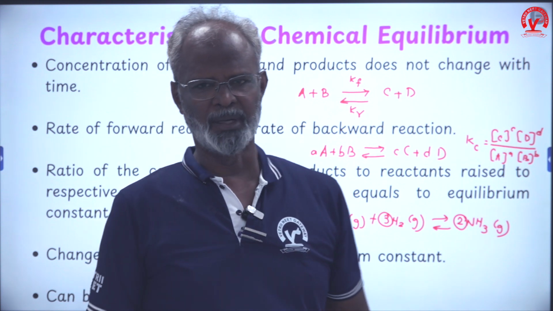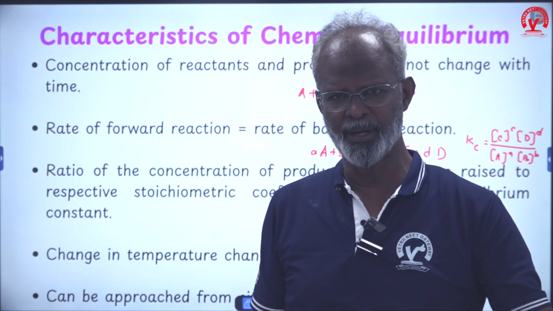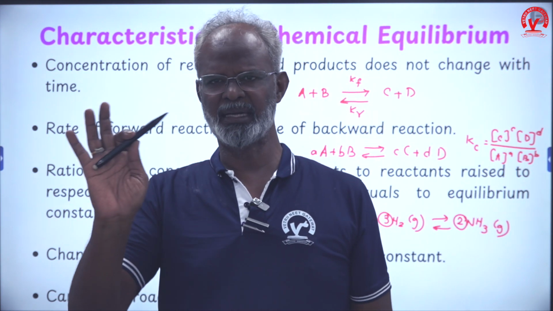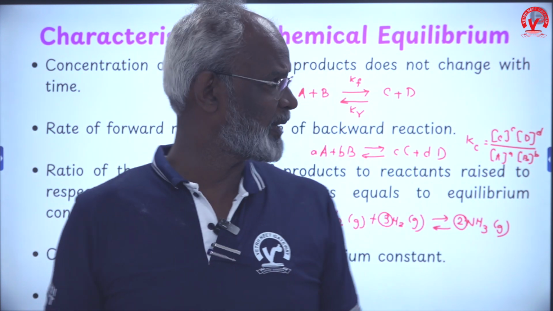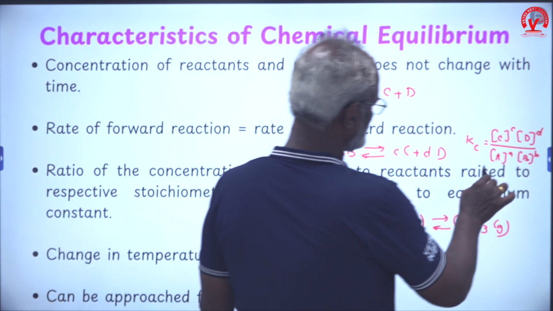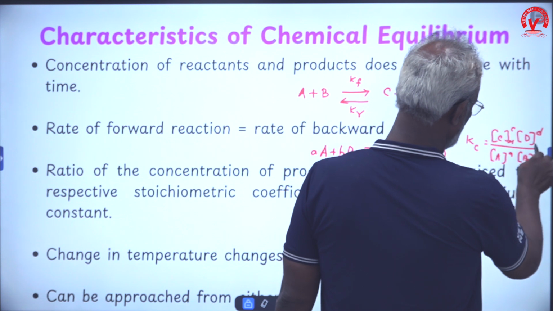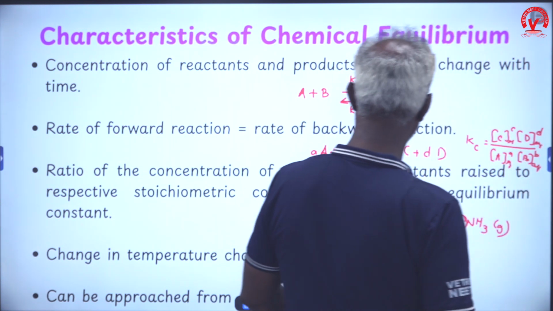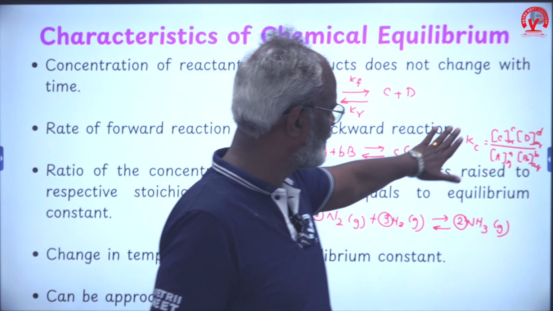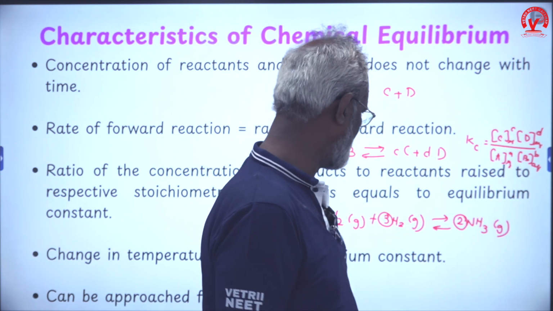That is, when the system attains equilibrium and the concentrations become constant and don't change, that is called equilibrium concentration. We have to substitute that in this equation to get the equilibrium constant. This is based on concentration. We are going to study this in detail in a short while.